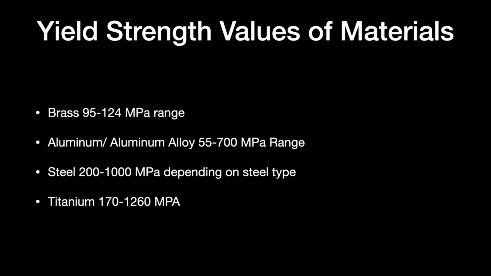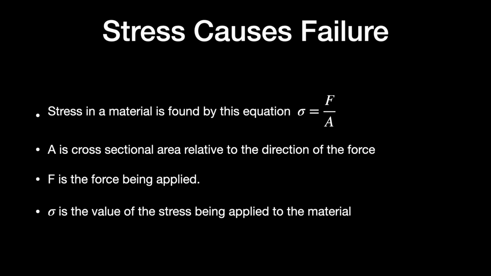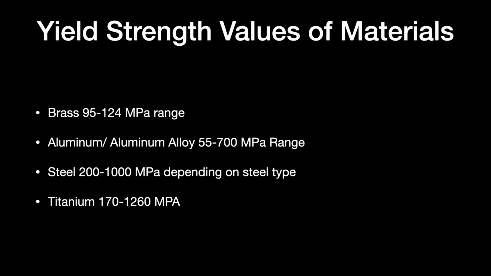Let's talk about what those strength values are. And strength is a measurement of stress. So stress is force divided by area. When we look at these values, we're going to see a lot of overlap. Brass is in the 95 to 124 megapascal range.